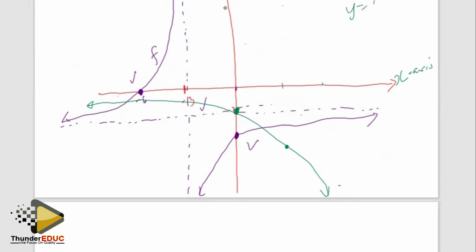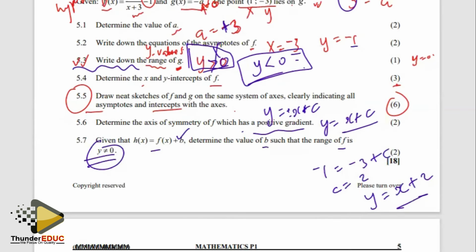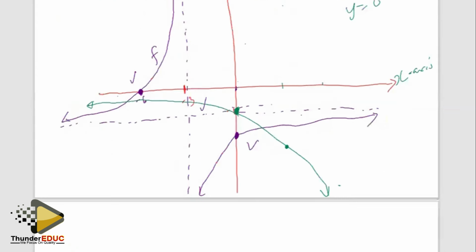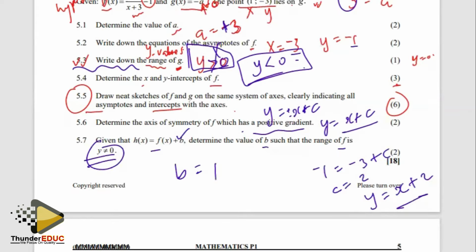Because y is equal to 0 will be an asymptote. So how many units must we move the graph? So it has to be a positive 1, because you're moving the graph 1 unit upwards. So b must be a 1. All right, so that is question number 5.